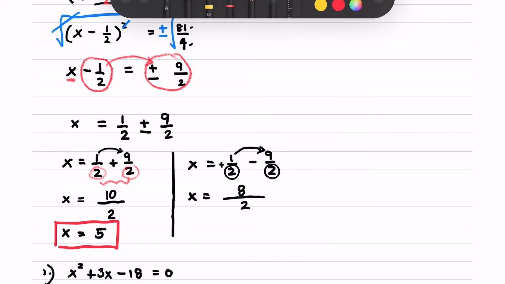And then, copy the sign of the highest value. What's the highest value? That is 9. And the sign of 9 is negative. So, we have negative here. So, simplify if kailangan. X is equal to negative divided by positive, that's negative. So, 8 divided by 2, that is equal to 4. So, the other root is negative 4.